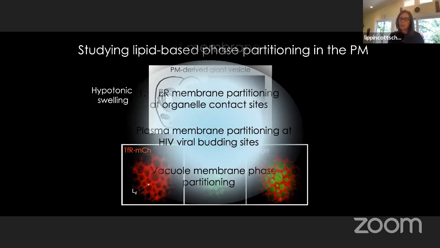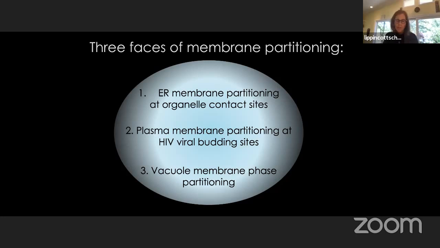So with that background, today I'd like to talk about three different faces, if you will, of membrane partitioning and how we're realizing the fundamental role of this phenomenon in driving protein segregation in different cellular environments.